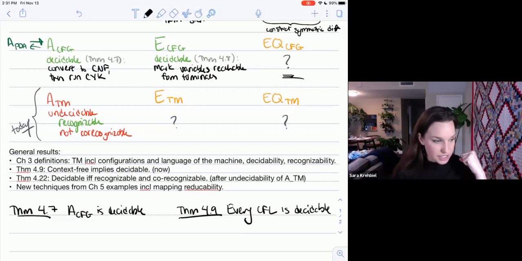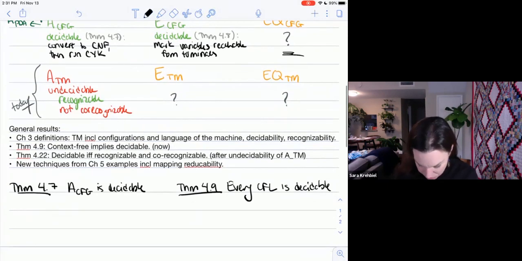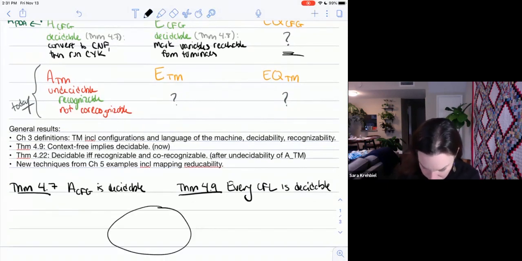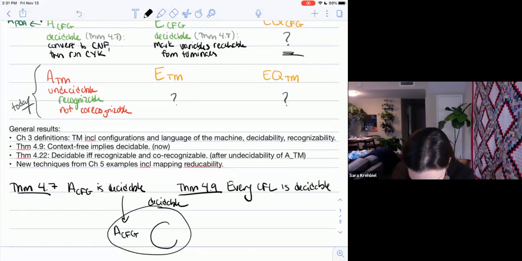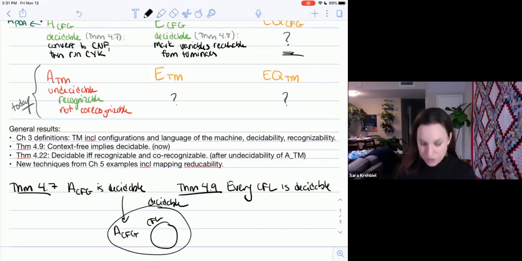So the picture here is that we have the class of decidable languages. And theorem 4.7 says A_CFG lives in this class of decidable languages. Now we also have a class of context-free languages. And these are all of the languages that we studied in Unit 1.